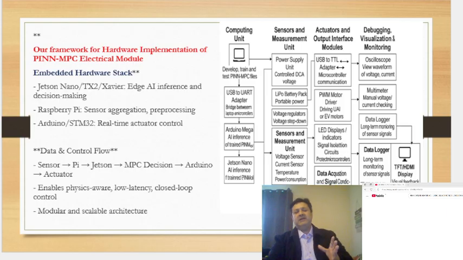For right now, I'm talking about this section, the computing unit. I'm talking about the Jetson Nano, which is here, then the Arduino Mega, which is here, and the USB UART, which is here. And now what we are doing is the model that I have in my machine, in my laptop, in my system.